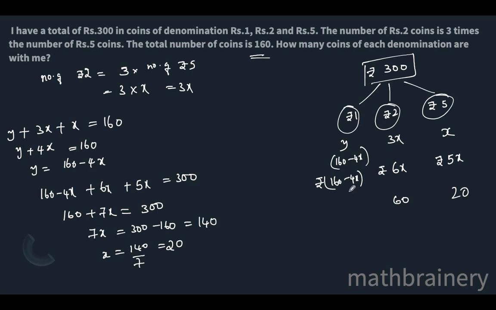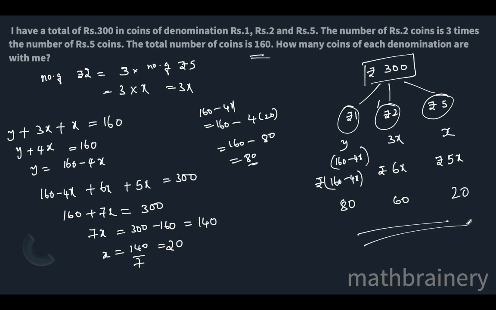And 160 minus 4x must be 160 minus 4 into 20, that is 160 minus 80, which is 80. So we have 80 1 rupee coins, 60 2 rupee coins, and 20 5 rupee coins with us.